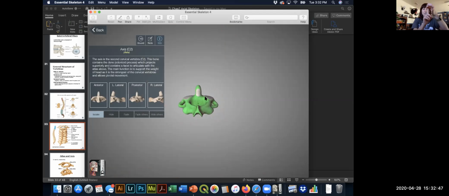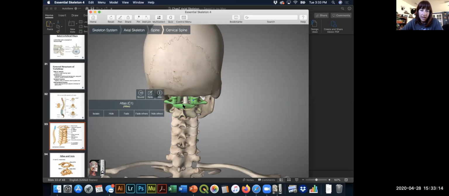The atlas fits over the axis, and then you're able to pivot around the dens of the axis this way. It does have little transverse foramina and that little spinal foramen as well. Kind of a little bit of a spinous process here. Okay. Atlas, axis.